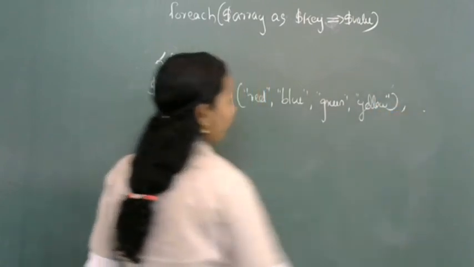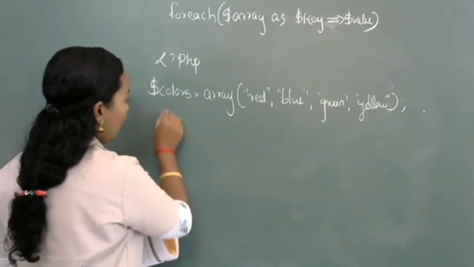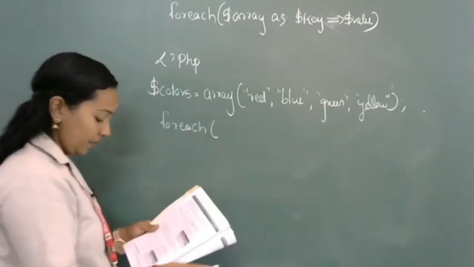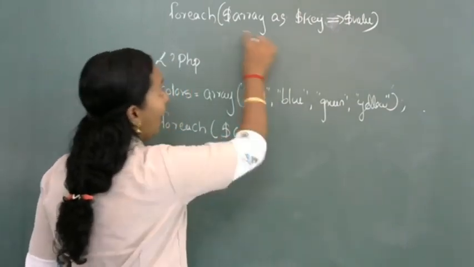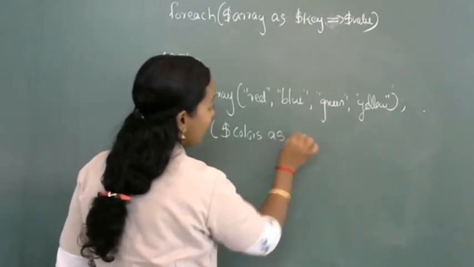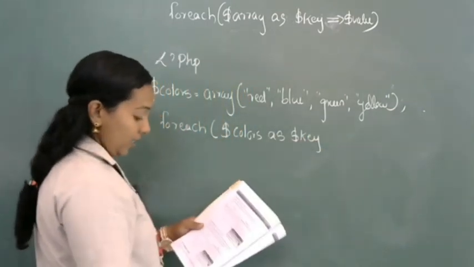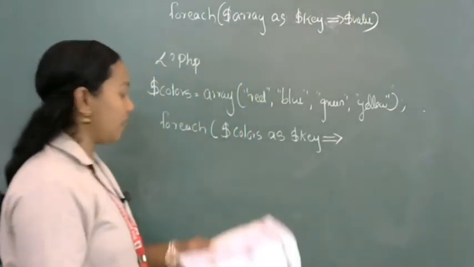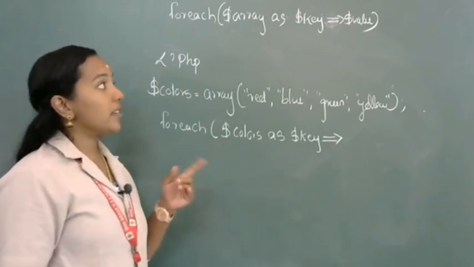Then after that foreach, $colors, array name, as $key, $colors as $key => $item.